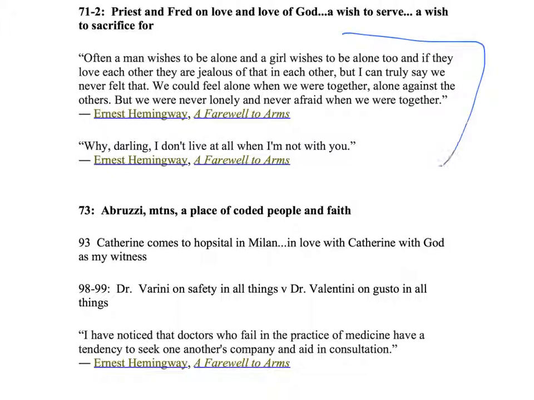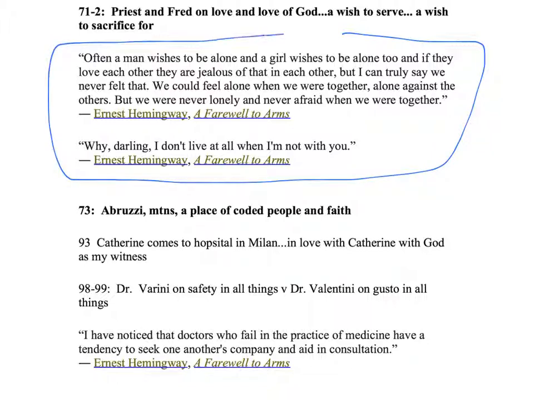How else do you know when you're in love? It's a great book to gain a working definition of love. You know when you're in love when you can be alone with someone and not have to talk and not feel lonely when you're in the same room with someone else.